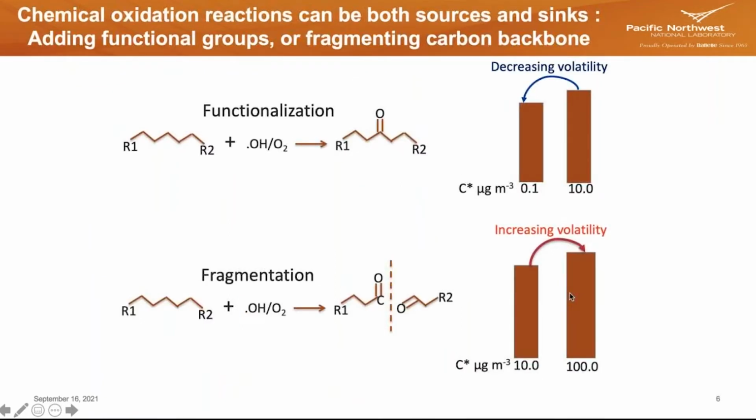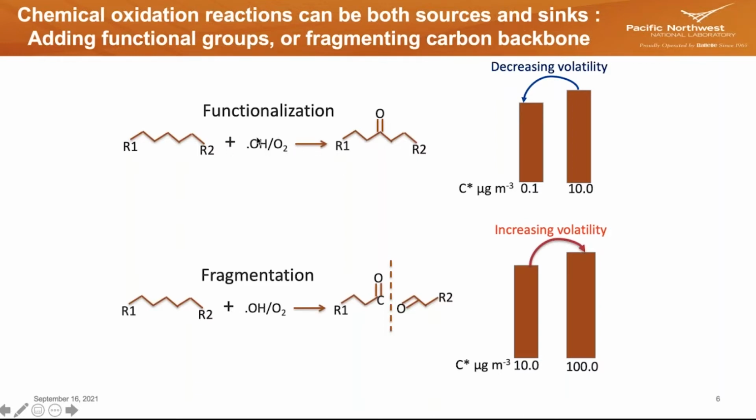So I am going to touch on some of the key chemical processes which we considered in our model development. Certainly there is a lot more to go, but these are some of the key ones. One of the key ideas is that the chemical oxidation reactions can be both sources and sinks of SOA. You can think of a long organic hydrocarbon species when it reacts with OH, for example, in the atmosphere.